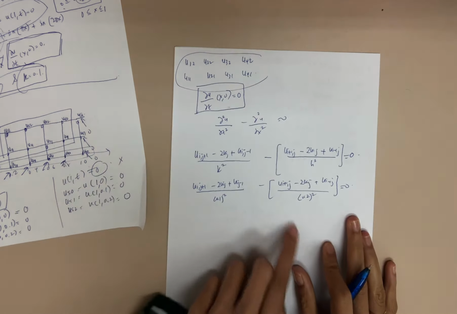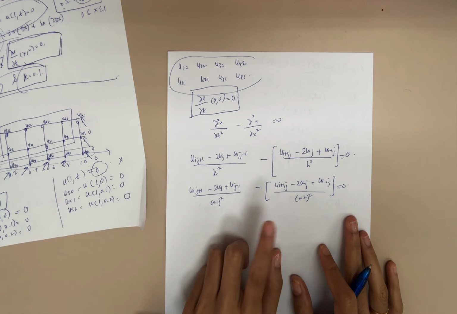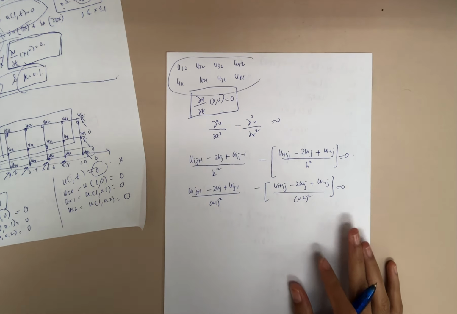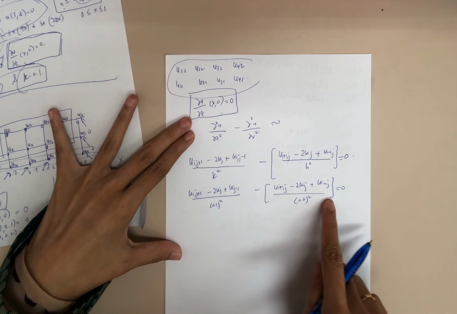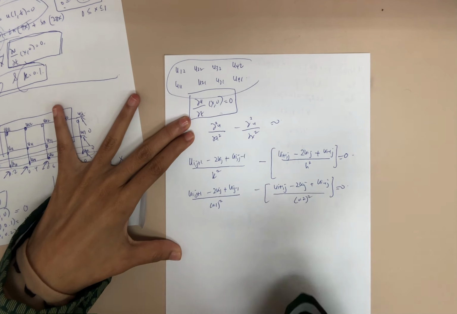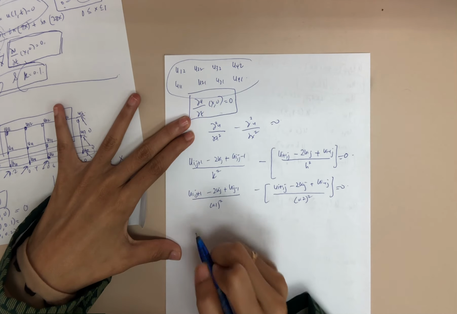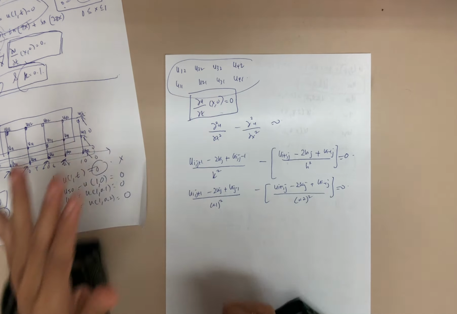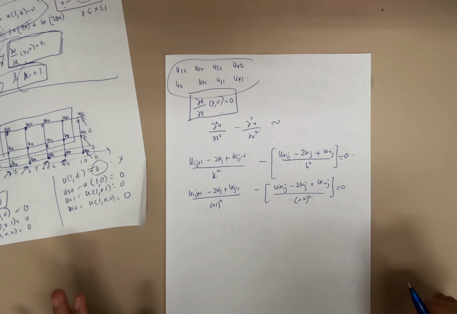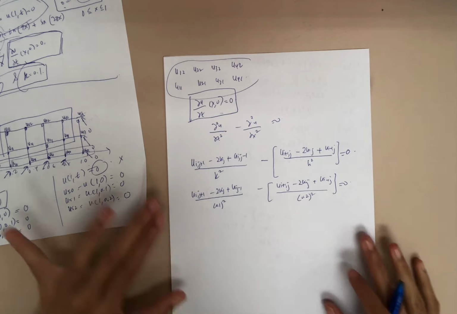Okay, so open the bracket and then rearrange it. If you want to make the denominators the same, you need to multiply both sides.